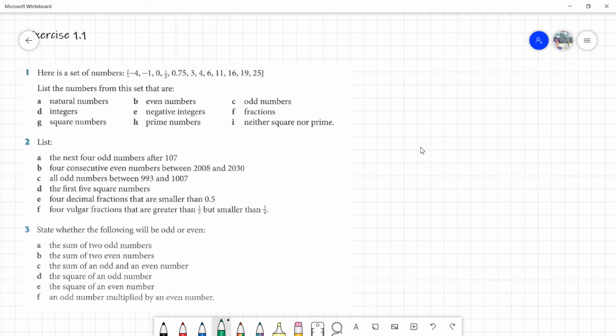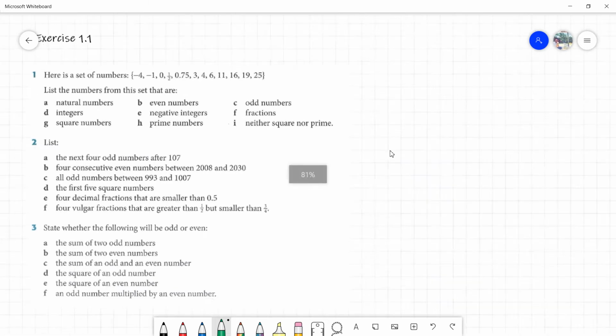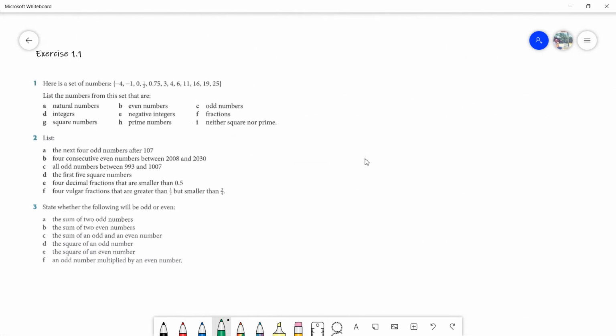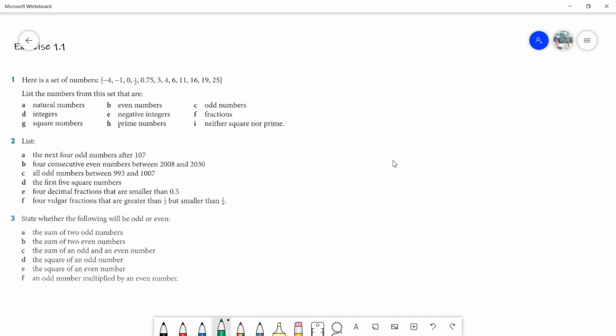Okay, I hope I have enough space here. All right. Okay, question 1. So I'm going to use the color blue. Solutions. Number 1. Okay, here is a set of numbers.